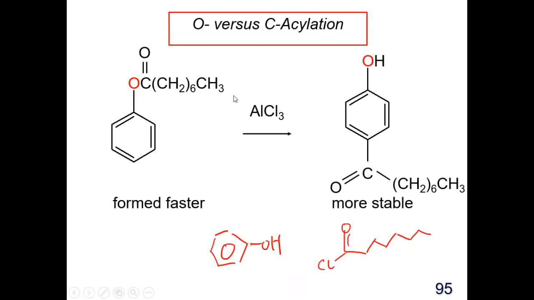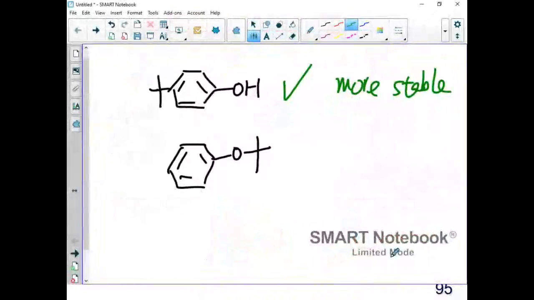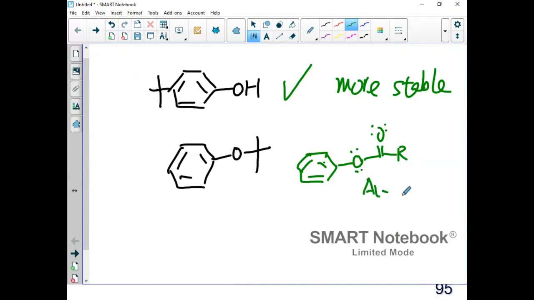So what you can think is, you have this ester, and the oxygen also has lone pairs here, so it can bond to the aluminum chloride.